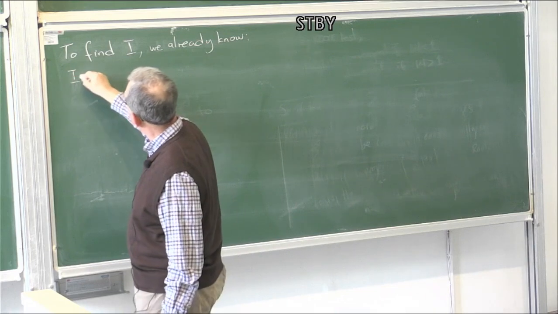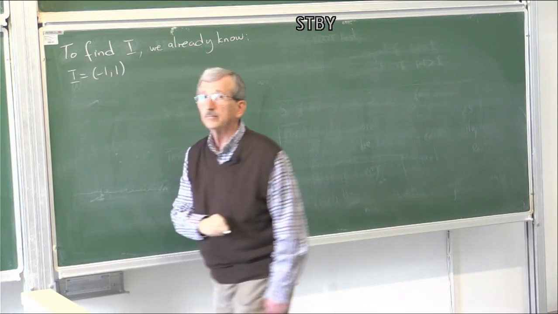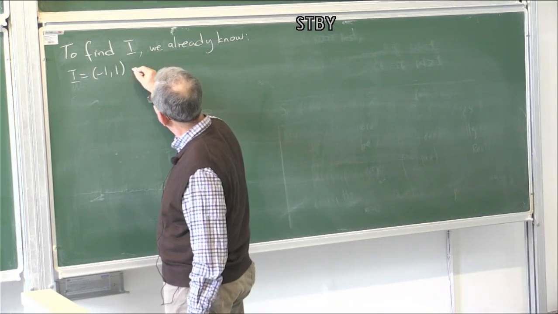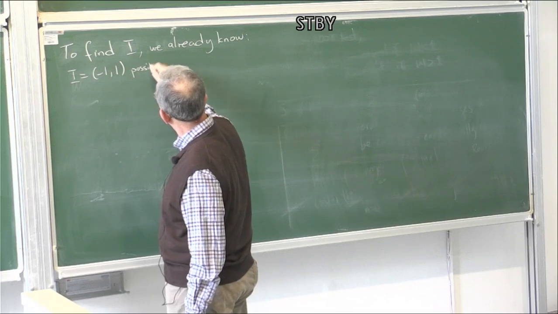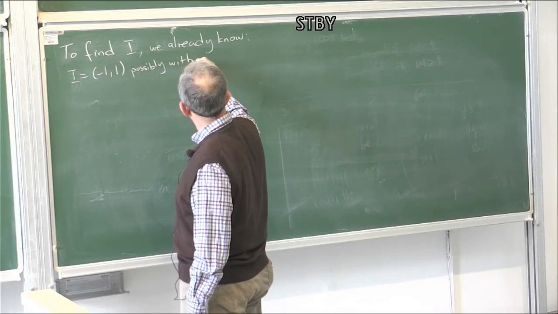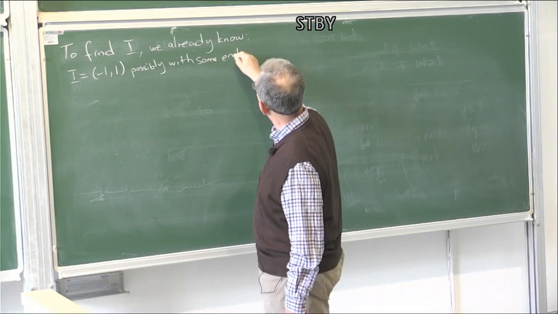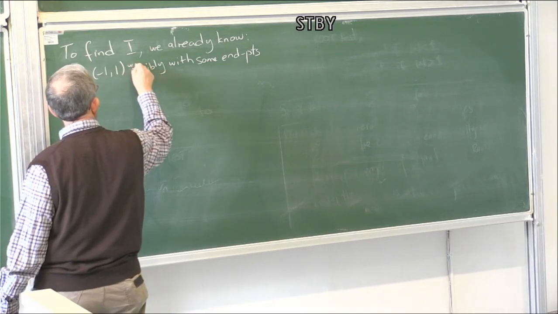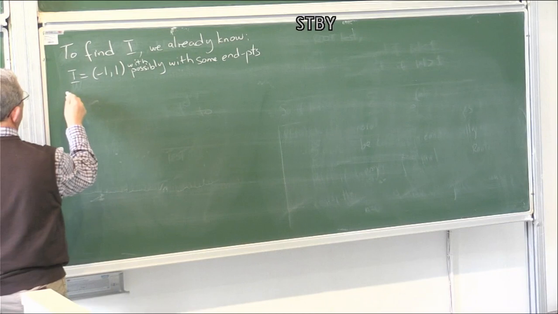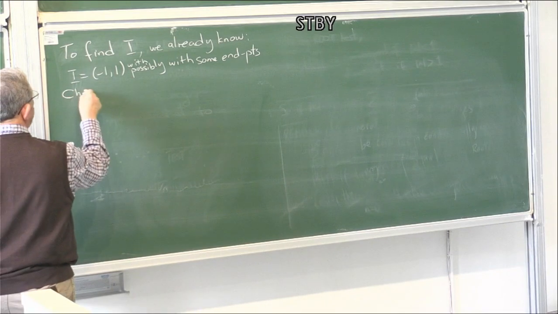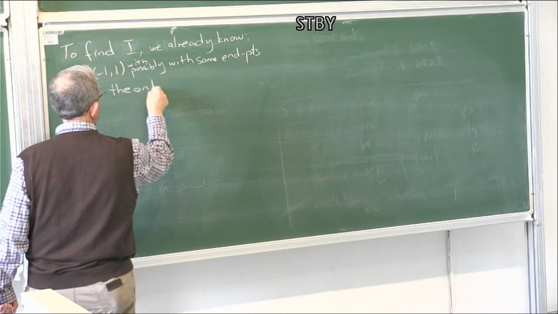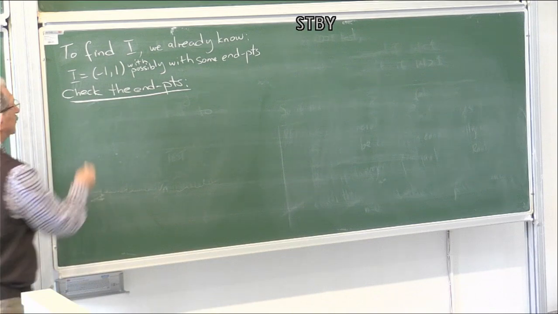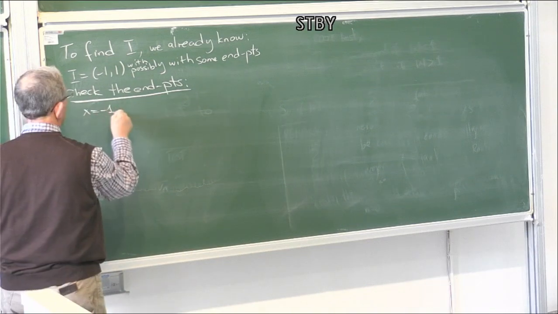I is the interval minus 1, 1, possibly with some endpoints. So, we check the endpoints. What are the endpoints? Of course, 1 and minus 1.